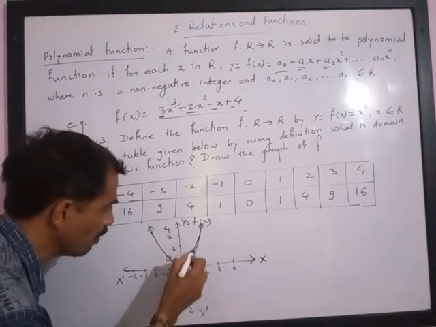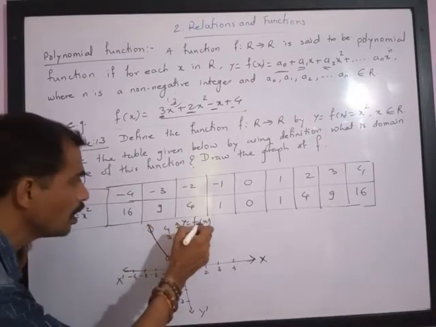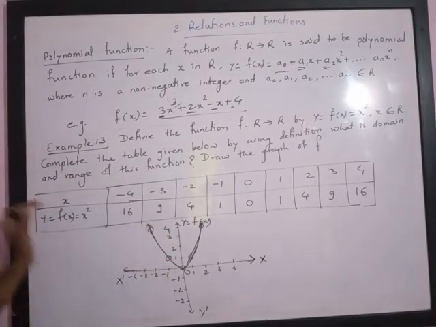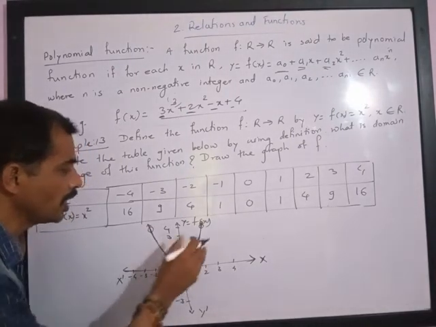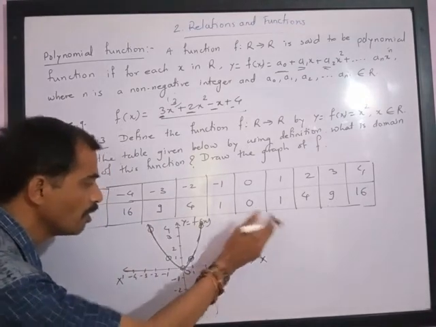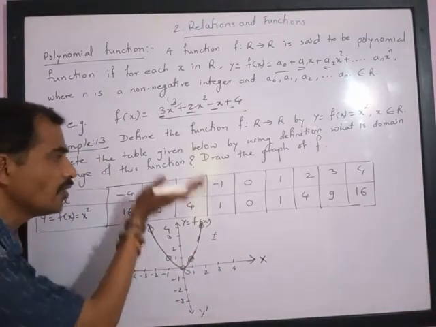It is a parabola passing through the origin. This type of curve is called a parabola, which we are going to study a little later. You will notice that it passes through the origin and it is symmetric about the y-axis. So you will see the same in the first quadrant and the second quadrant. So this graph lies in the first and second quadrants.